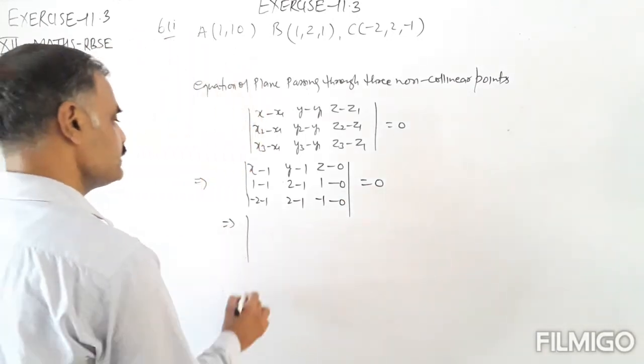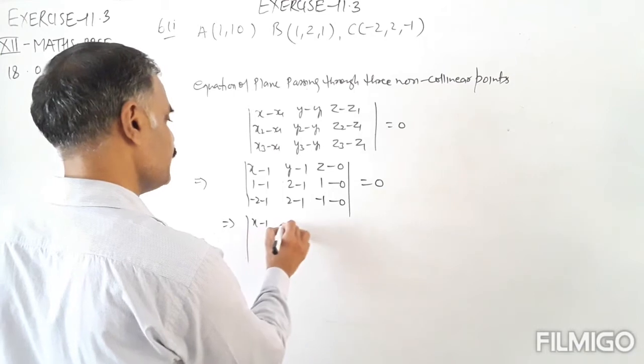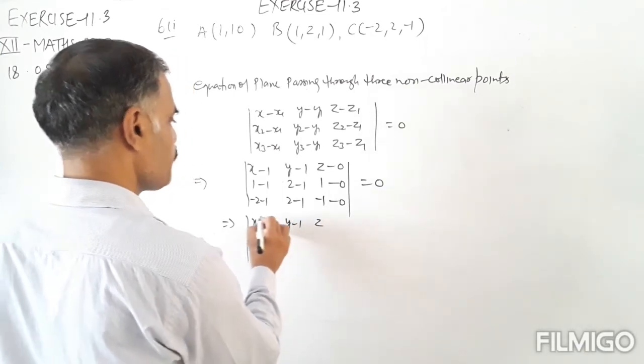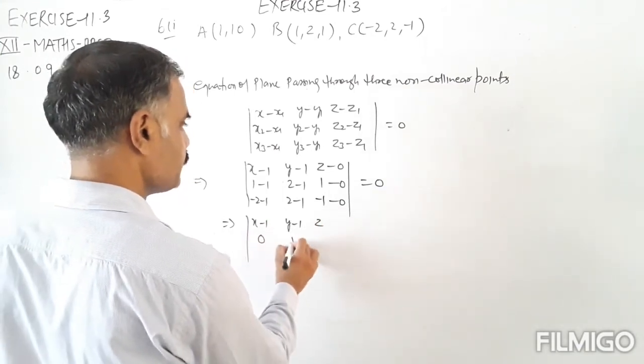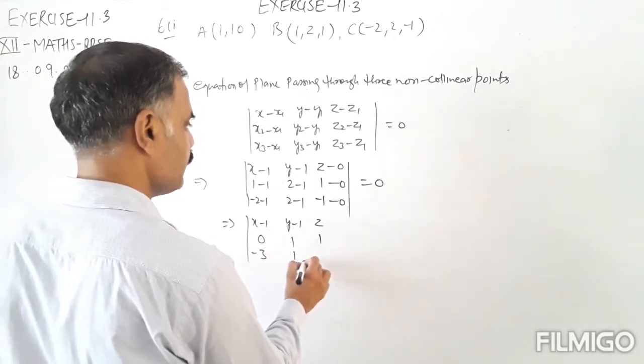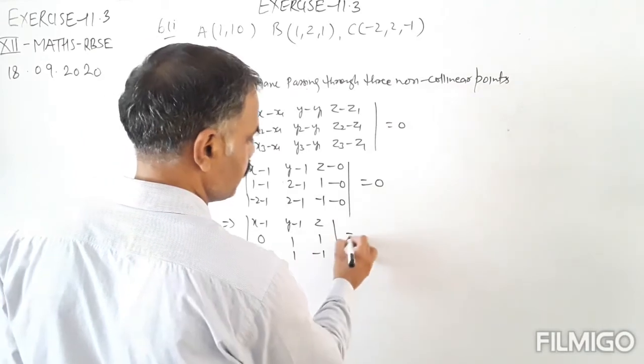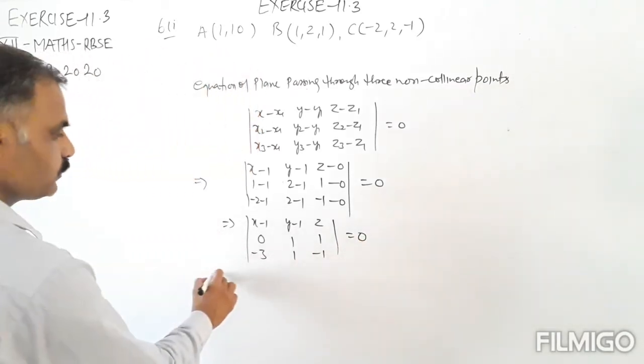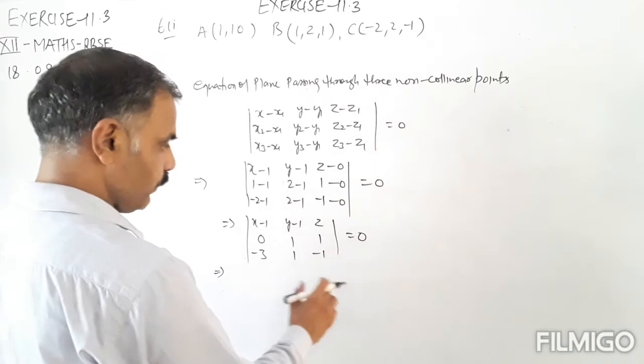So solving this we will have x minus 1, y minus 1, z; 1 minus 1, 0, 2 minus 1, 1; 1 minus 0, 1; minus 3, 2 minus 1, 1; minus 1, 1, equals to 0. Okay, so this can be solved.